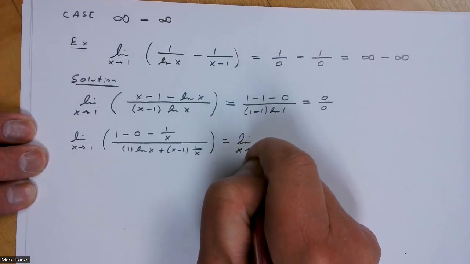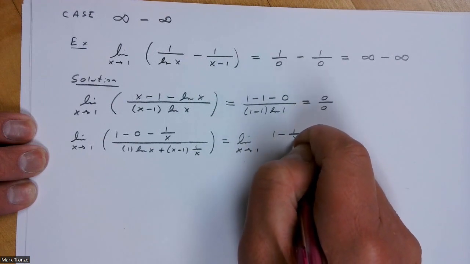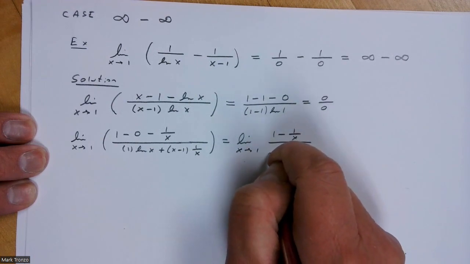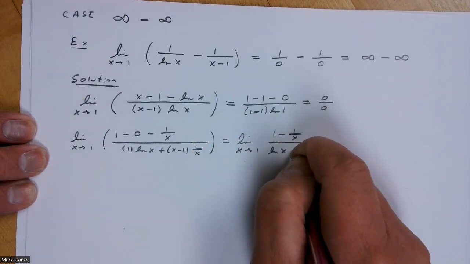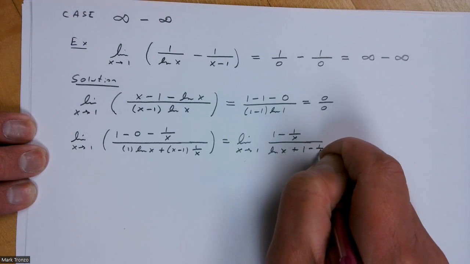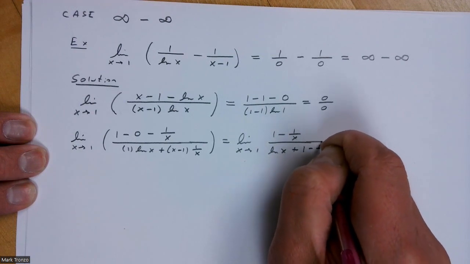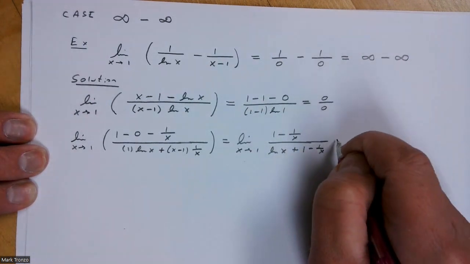Limit as x approaches 1 of 1 minus 1 over x, and this is going to be 1 minus 1 over x times log x plus x minus 1 over x. And we put our 1 in here.